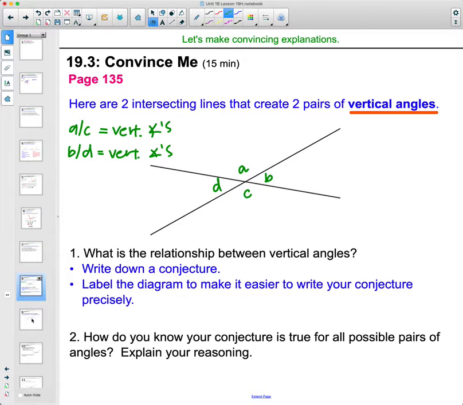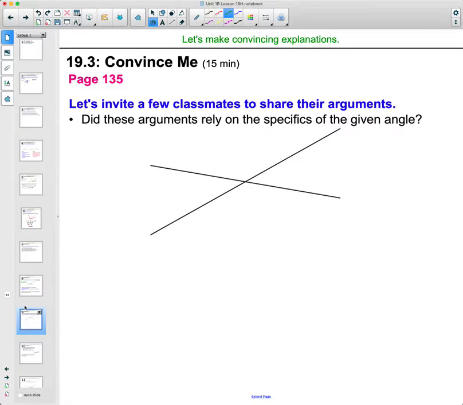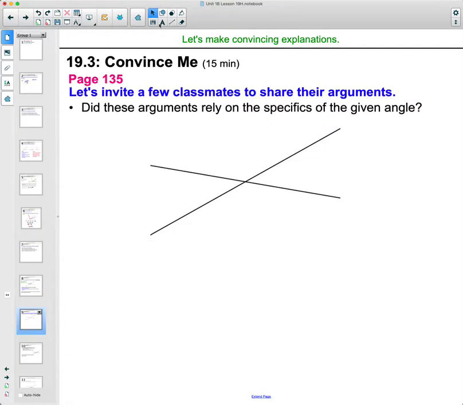So I'm just going to put a bigger screen here to talk about this. Some different ways you could have done this, like maybe you labeled the angles on here with letters so that you could talk about rotations or reflections and some transformations here.